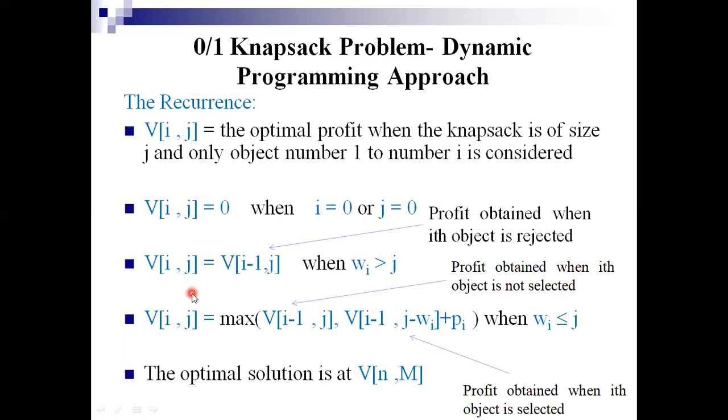If the weight of the ith object is greater than j, I cannot place the ith object in the knapsack. So what should I do? I should not select the ith object, rather fill V of i comma j as V of i minus 1 comma j, the profit obtained by selecting i minus 1 objects with respect to the capacity j. So the ith object is not included, because its weight is greater than j. So V of i minus 1 comma j will be the profit here.